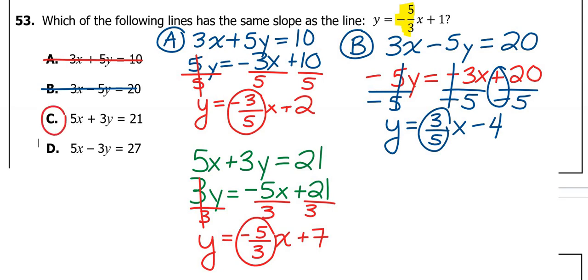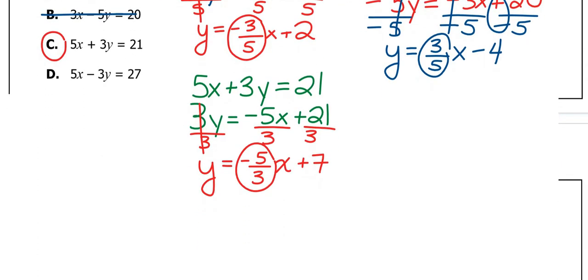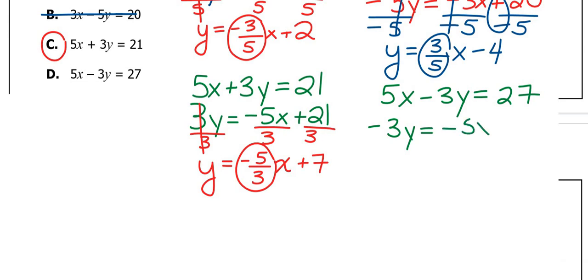The last one is choice D. Let's just check it, make sure it's also not correct. 5x minus 3y equals 27. Subtract 5x. So we have negative 3y equals negative 5x plus 27.